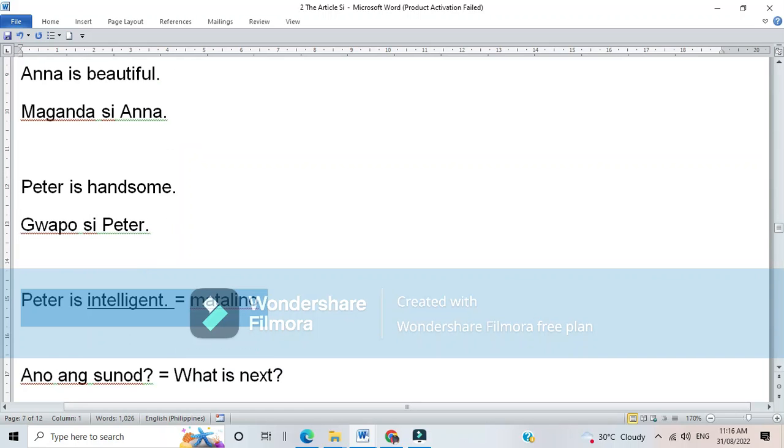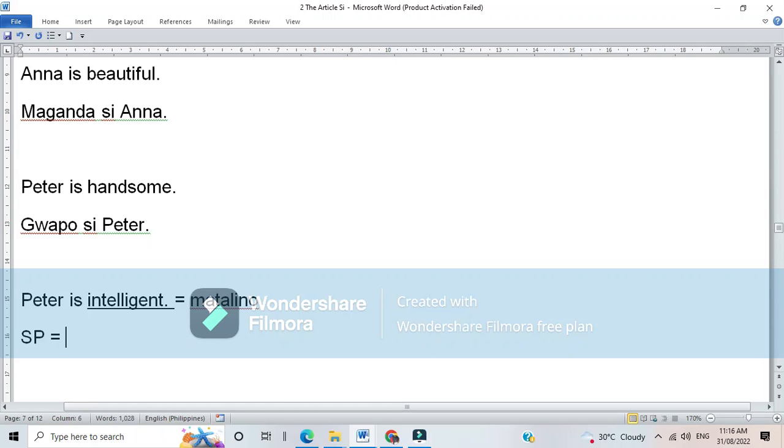Okay, let's use the sentence Peter is intelligent. Intelligent in Tagalog is matalino. Let us translate the sentence using the subject predicate word order. Si Peter ay matalino. This sentence is in the subject predicate word order, wherein the subject comes first, and then right after the subject you need to use ay, and then the predicate.